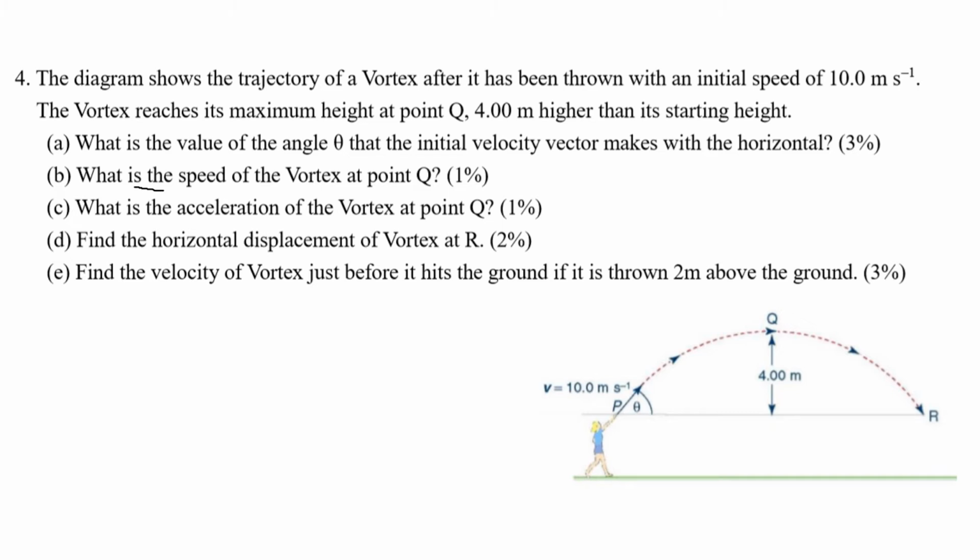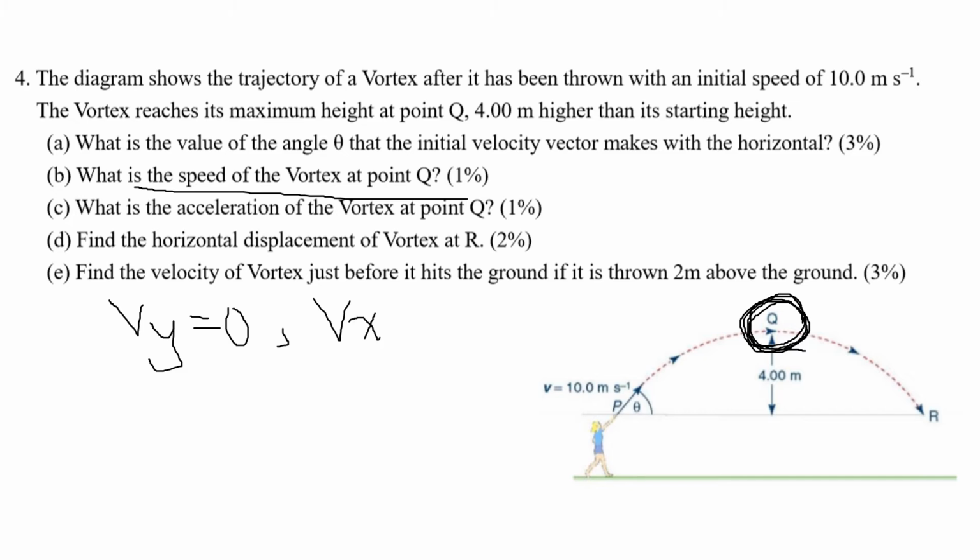What is the speed of the projectile at point Q? It reached the highest point, right? But many of you gave the answer that the velocity should be equal to 0. But it's wrong. Why? Because only Vy equals 0, not Vx.